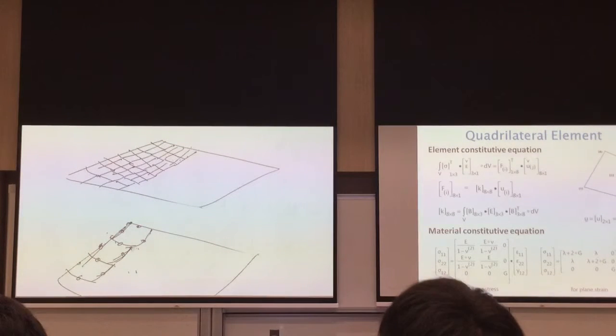Now here we are again, going back to the PVD. But this one is a lot simpler than the beam, because if we're looking at a linear quadrilateral element, we're simply extending the principles or concepts of a bar. So it's the same.